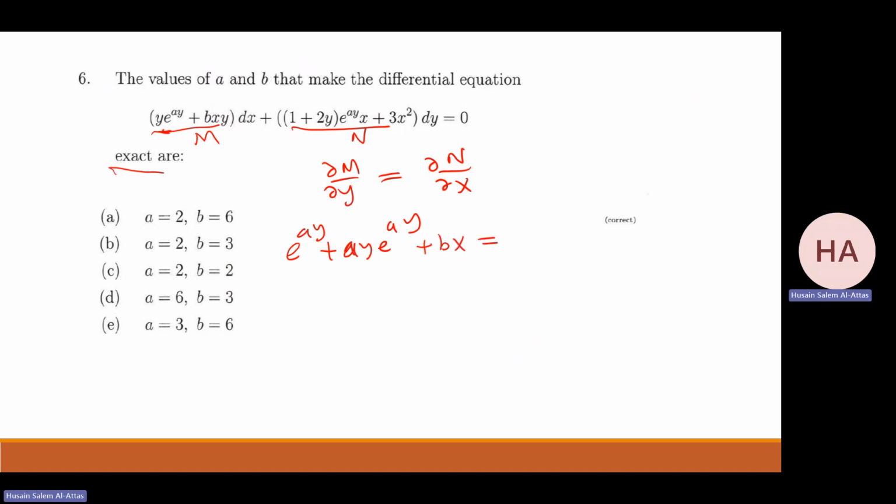Now we need to differentiate with respect to x here. It will be 1 plus 2y e to the power ay plus 6x. Let me write it this way: e to the power ay plus 2y e to the power ay plus 6x. Very clear. a equals 2 and b equals 6.